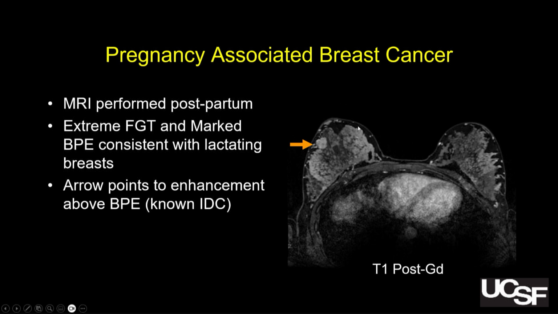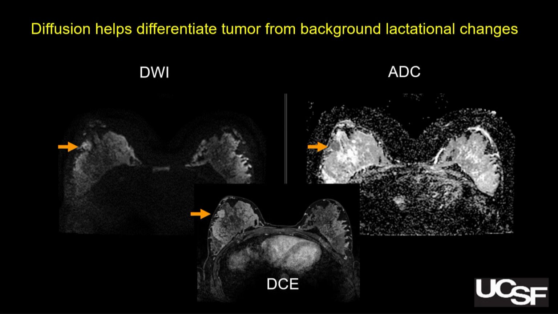And the good news is usually it does stay in the periphery. And like I said, it looks very fluffy to me, very soft and very symmetric. And then the enhancement of the IDC, it's a little brighter than the background. So our own experience is you do see these cancers above the lactational changes. And so we feel that MR does still add value.